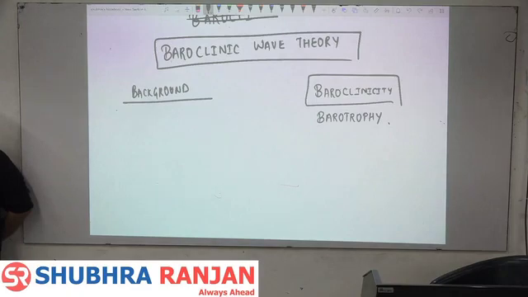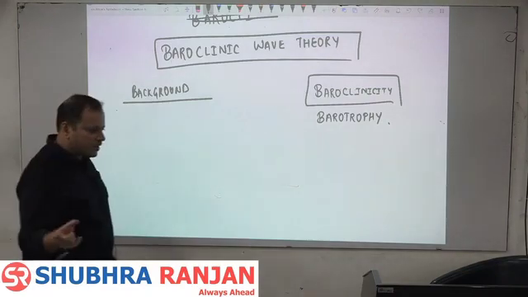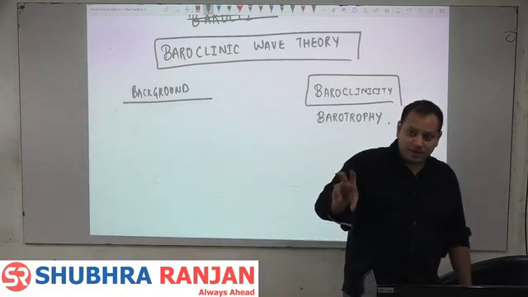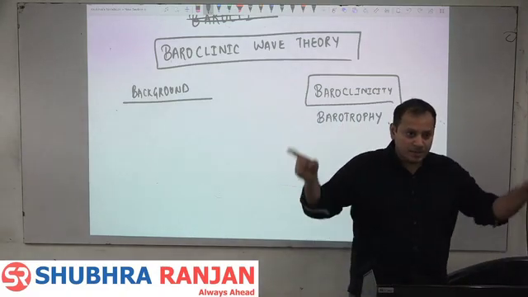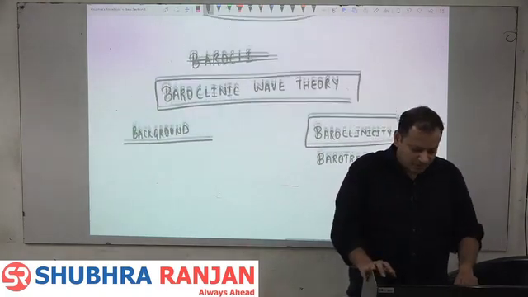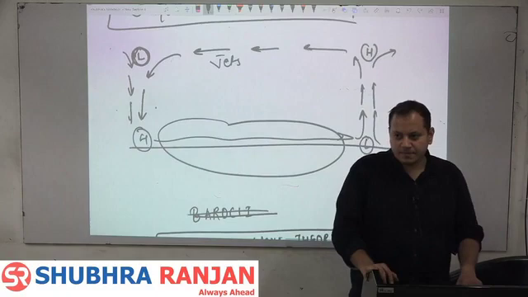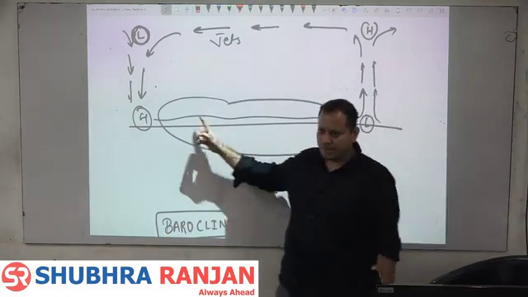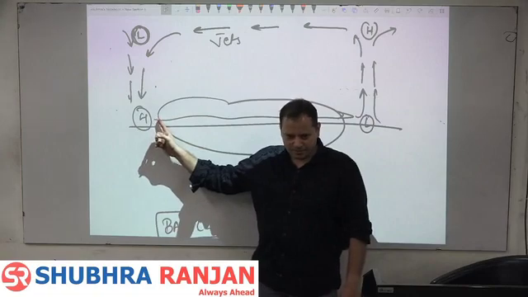Underline the words general atmospheric circulation. Think a little deeper. General atmospheric circulation means cyclones and anticyclones are not different phenomena. They are part of the upper air as well as wind circulation. Therefore, general atmospheric circulation means it is a part of this cycle. Understanding? This becomes the cyclone, this becomes the anticyclone.